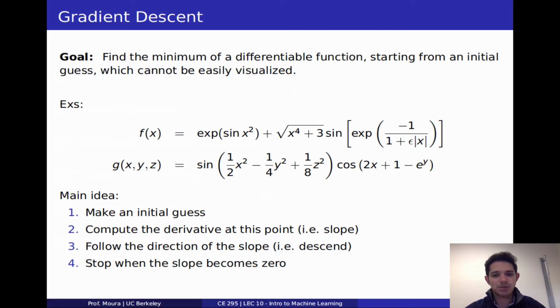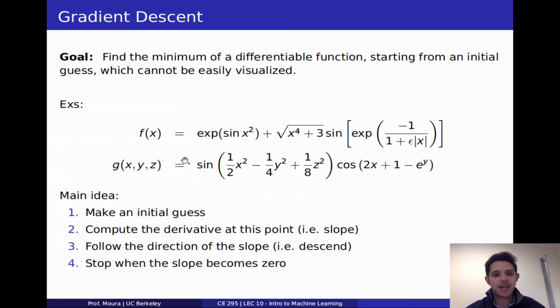I have some examples here of crazy objective functions that are quite complicated, and I certainly am not clever enough to visualize what these objective functions are. I'm pretty sure that they're not convex. I know they're not convex. But I would like some sort of algorithm to minimize these functions. And that algorithm is going to be called gradient descent.